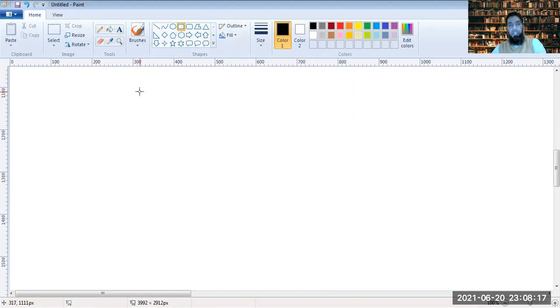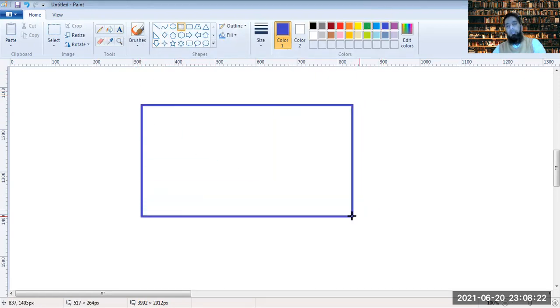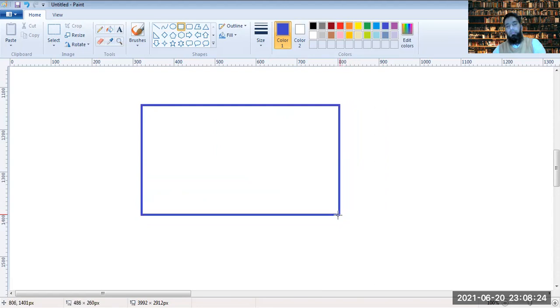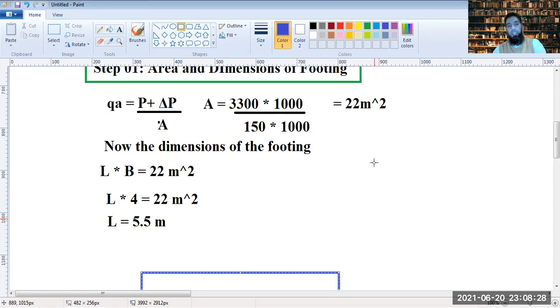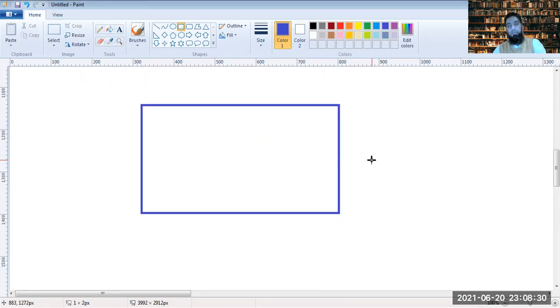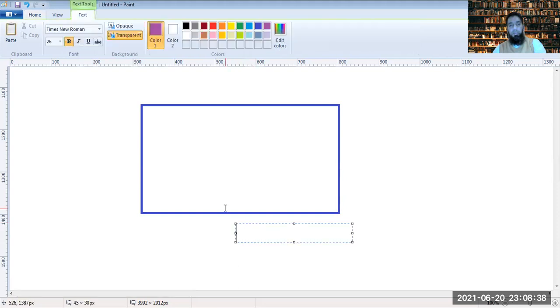So we're getting a rough sketch of the footing. It's something like this, 5.5 cross 4. So one of the sides is 5.5 meter and the other side is 4 meter.